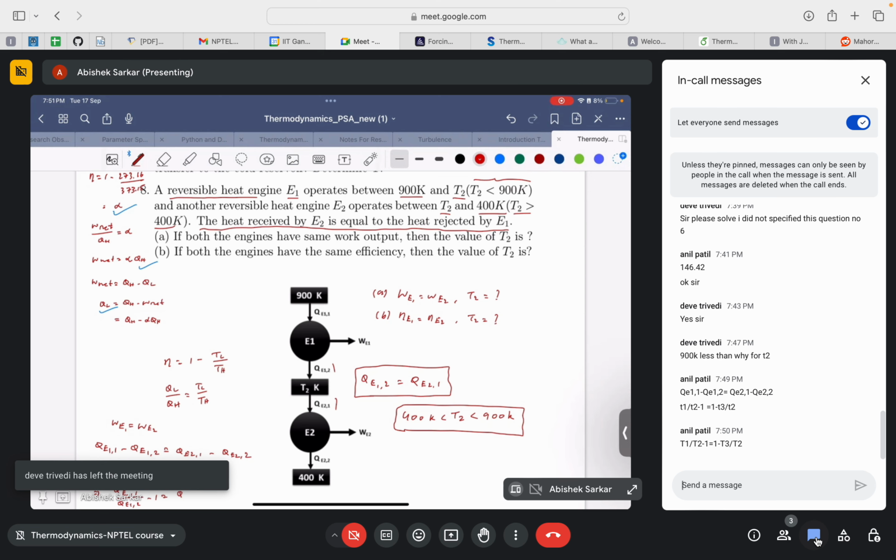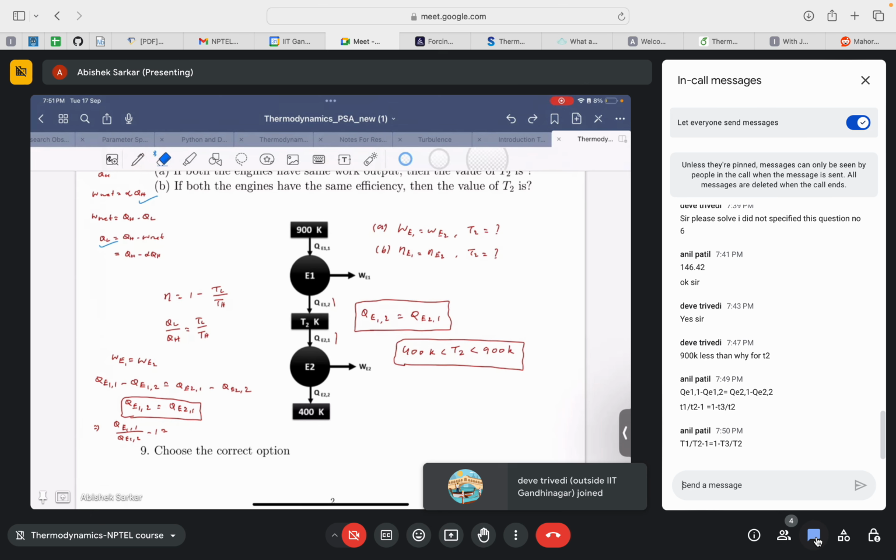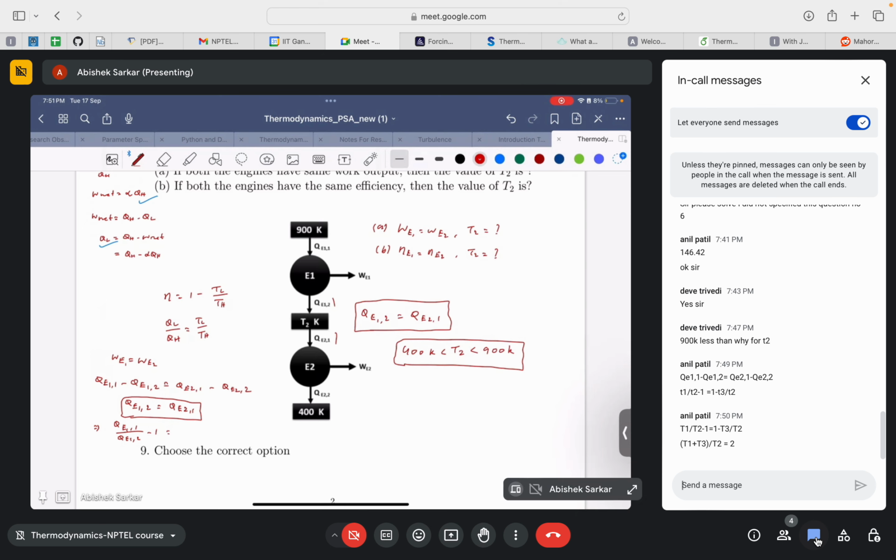1 minus QE22 by QE21. Okay, as Anil rightly mentioned, the answer is correct.